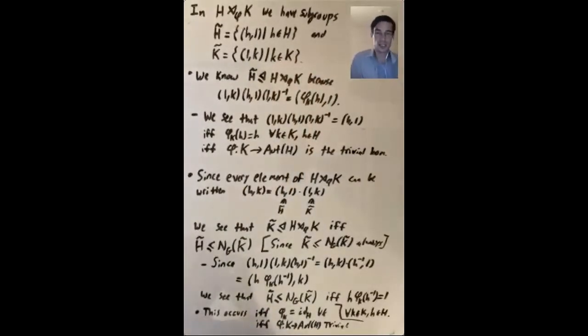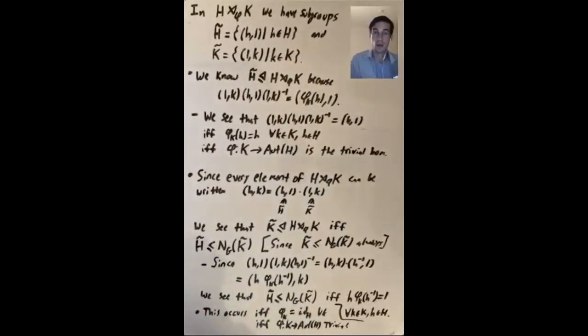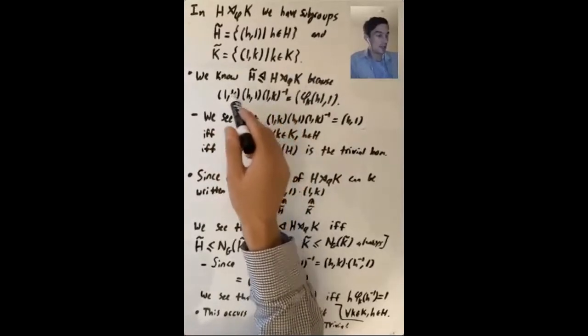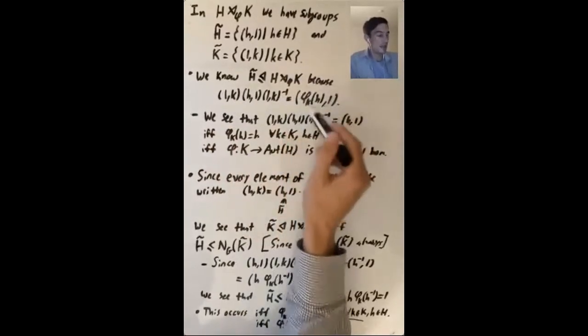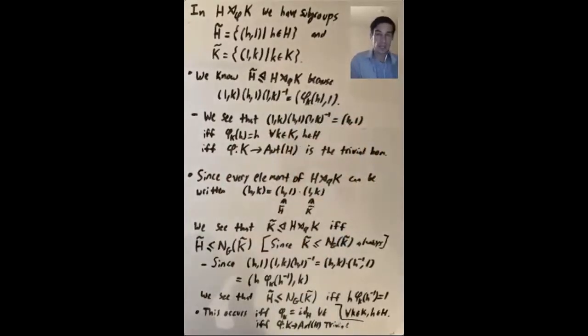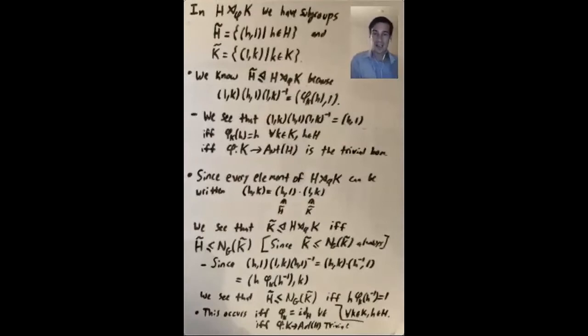We saw that H tilde is isomorphic to H, and K tilde is isomorphic to K. And moreover, we saw that H tilde is always a normal subgroup in the semidirect product, because when you conjugate an element of H tilde by an element of K tilde, you get something back that's still in H tilde. So what does that really mean? That means that K tilde is in the normalizer of H tilde. And why is that enough? Well, I'll come back to that in a second.